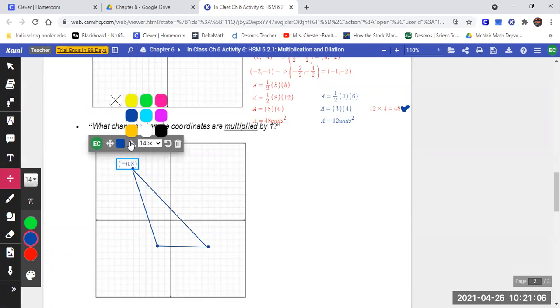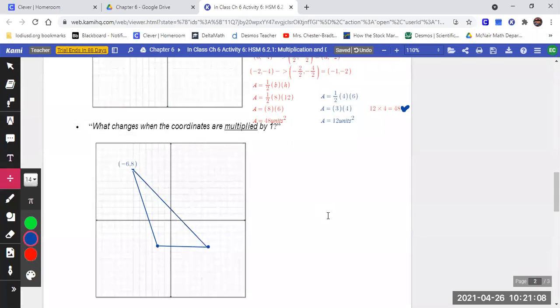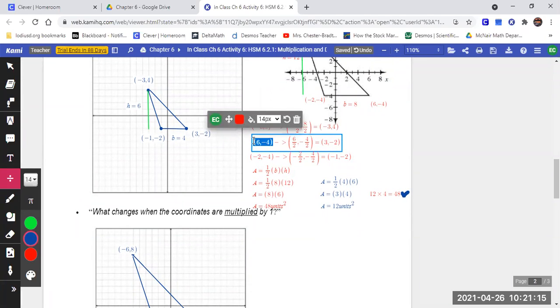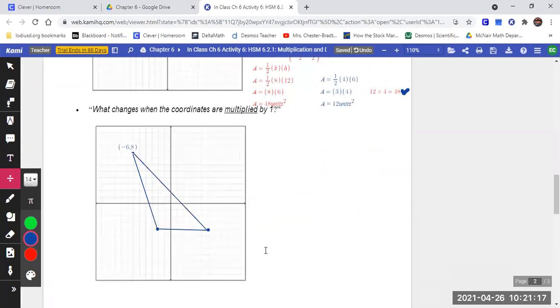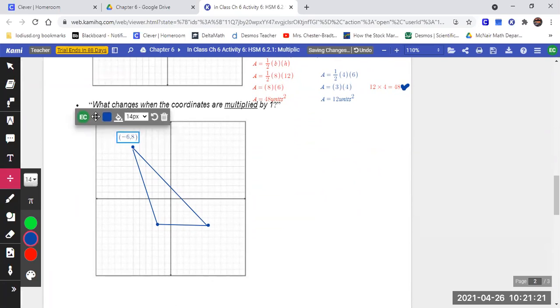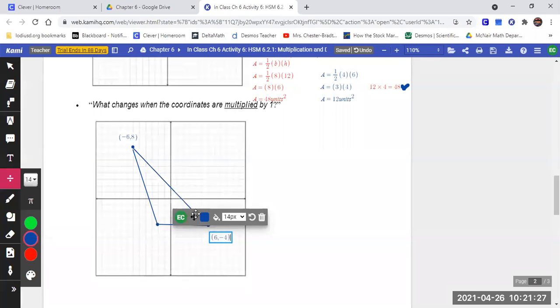We have to answer that question still. What changes for the triangle when the coordinates are multiplied by 1? It has to be a sentence and it has to be using their words that they already had. So rearrange the words from the question.